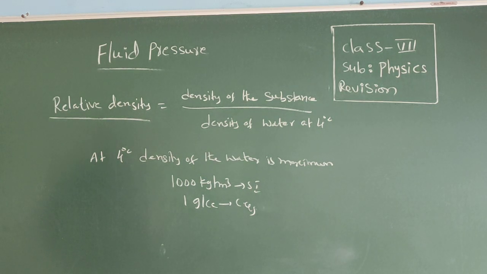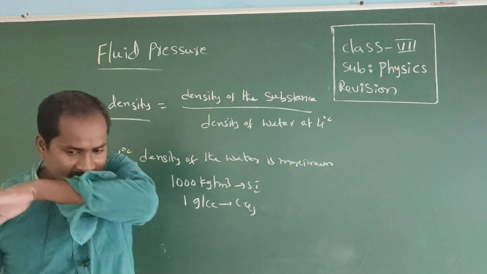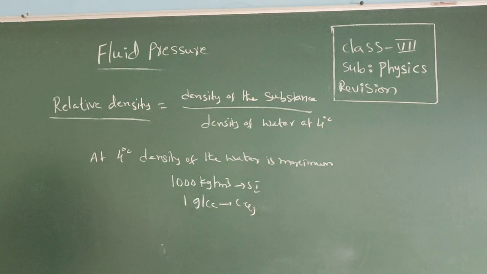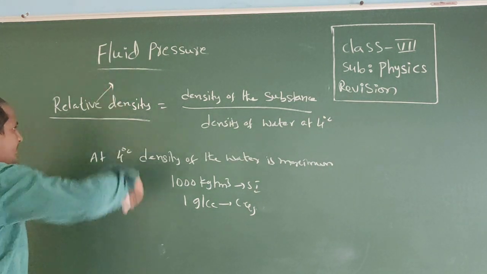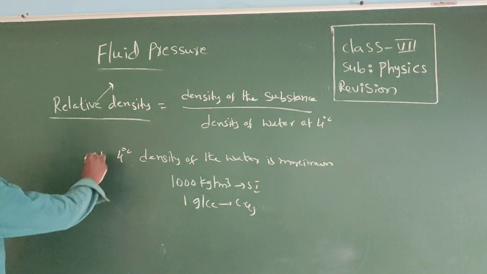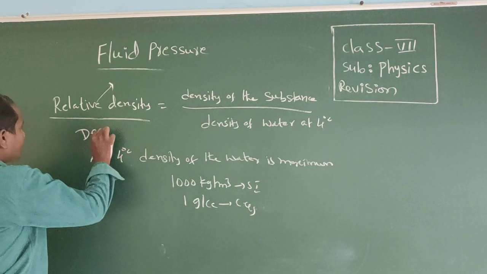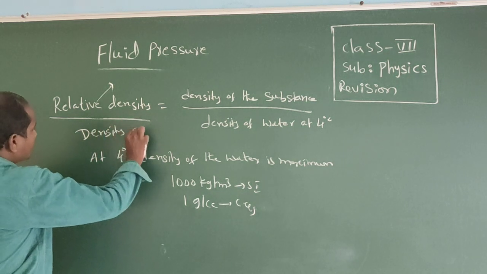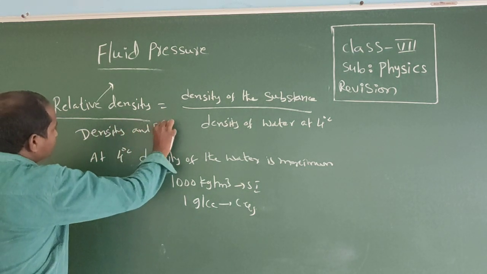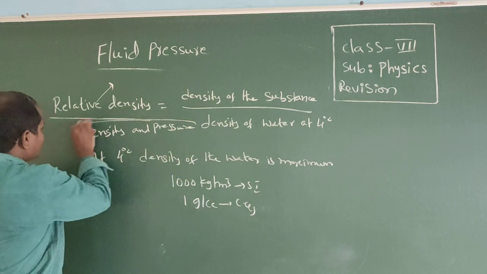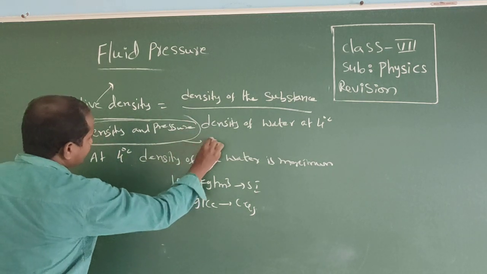At 4 degrees Celsius, the density of water is maximum, that is 1000 kg per meter cube in SI, 1 gram per cc in CGS. Relative density has no units. Density and pressure, these two are scalar quantities.